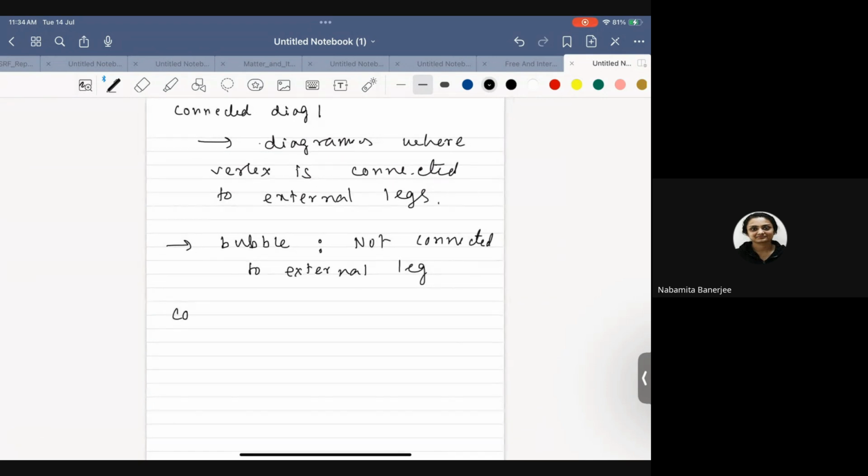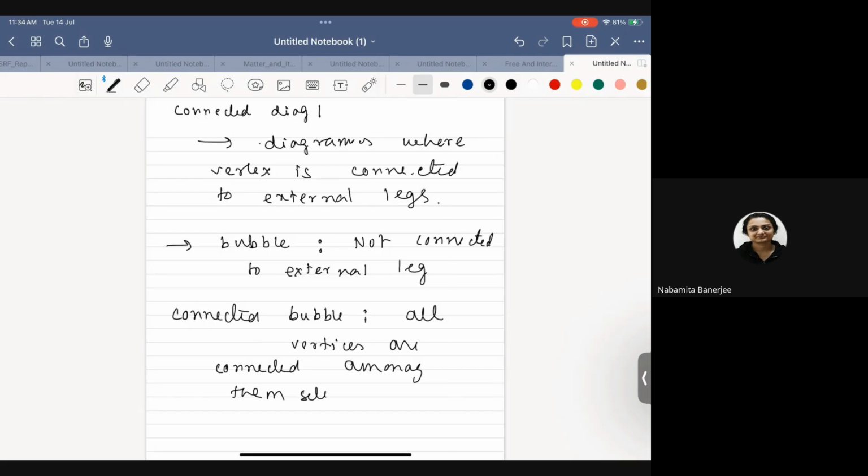And a connected bubble, the nomenclature is bad, is where all vertices are connected among themselves.